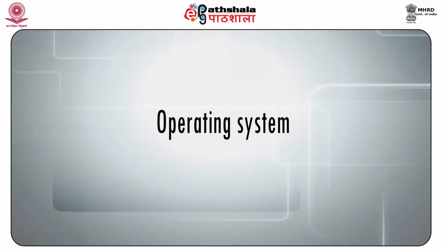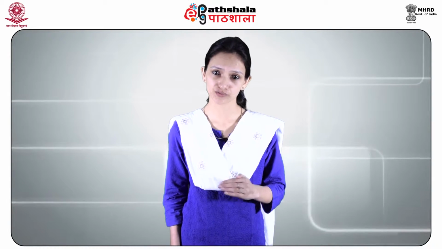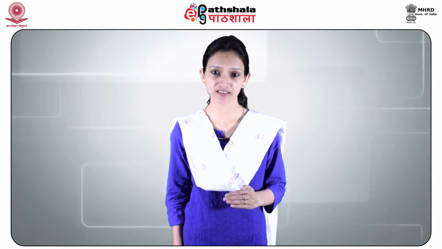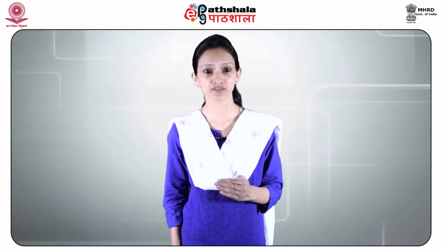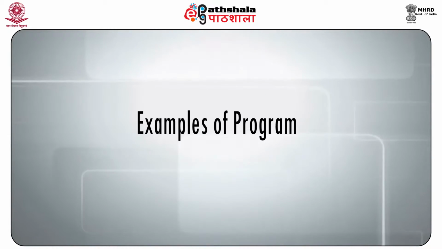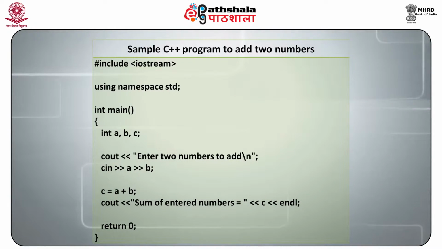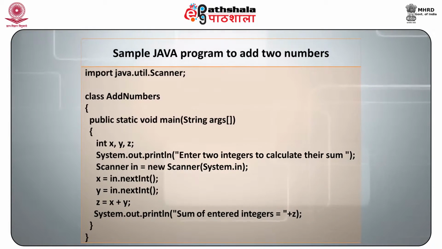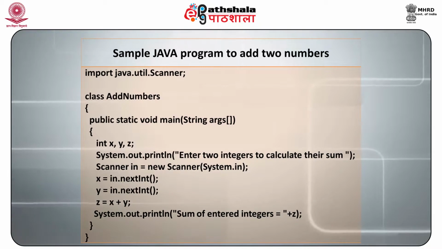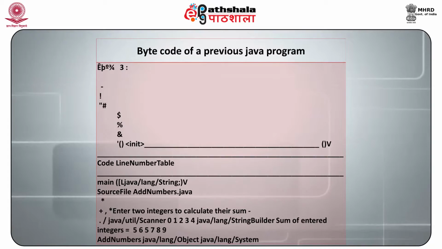Operating systems. This is software which bridges hardware with the user. It provides an interface to the user so user can use available hardware resources. Examples of program: sample of C++ program to add two numbers, sample of Java program to add two numbers, then bytecode of a previous Java program.